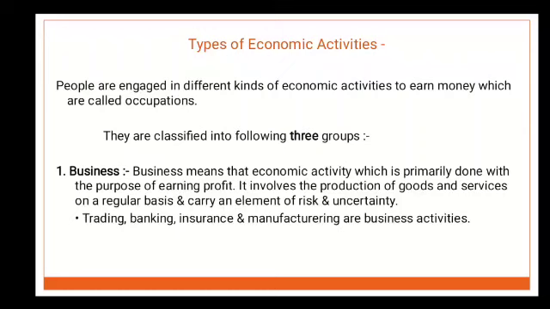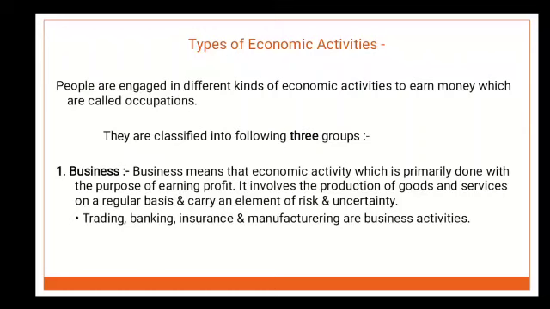People are engaged in different kinds of economic activities to earn money, which are called occupation. They are classified into three groups: first, business, second, profession, and third, employment. We will discuss one by one. First, business.